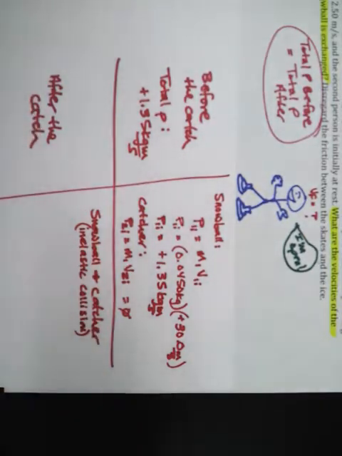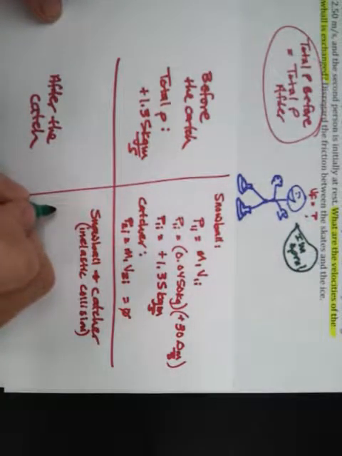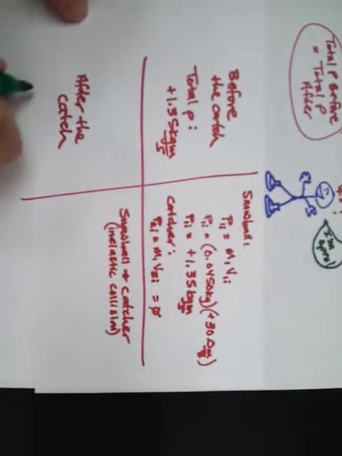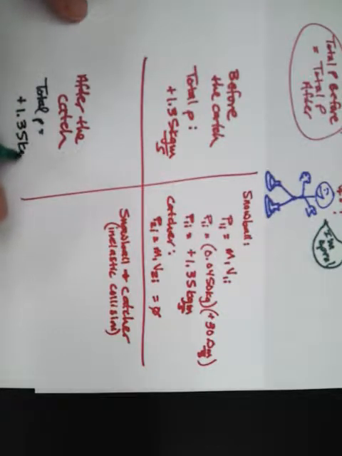So when we break that down, we're going to have our momentum before. It's the same as the momentum after. So our total P, let's get it all set up, is a positive 1.35 kilograms meters per second.